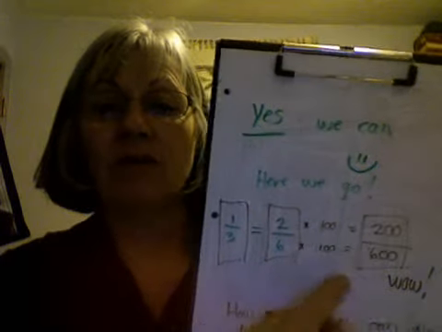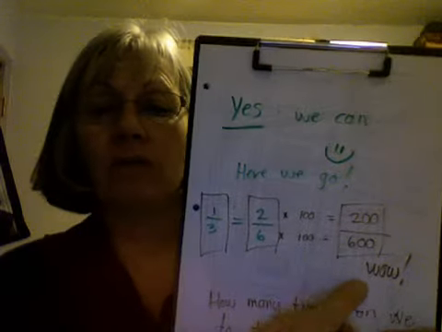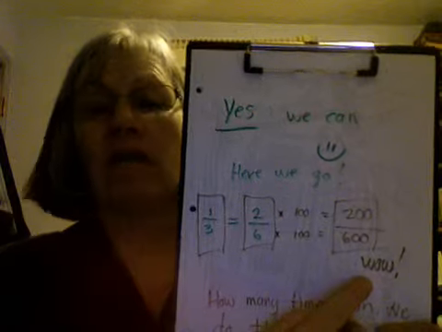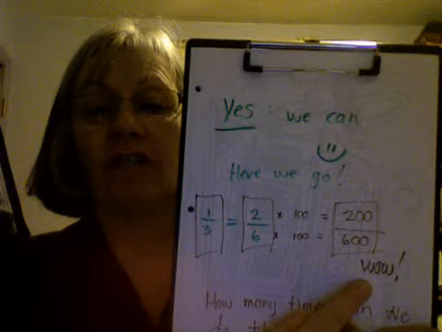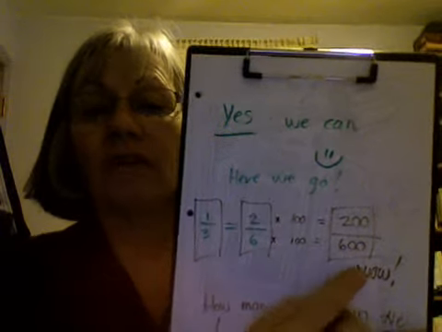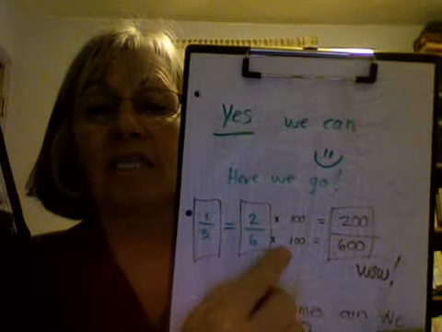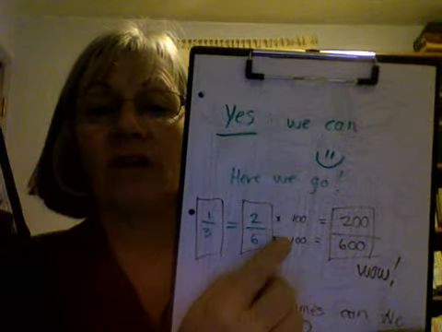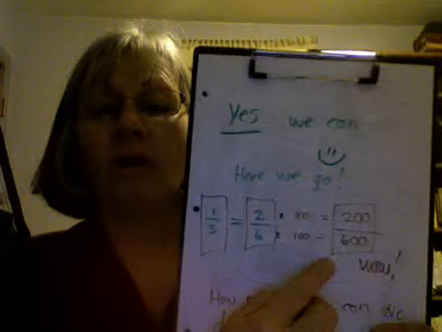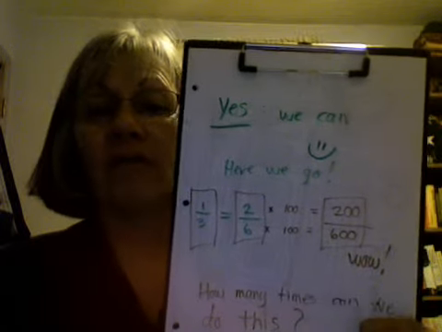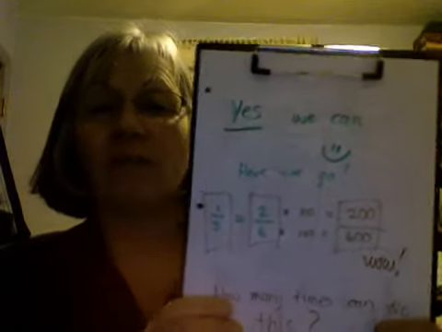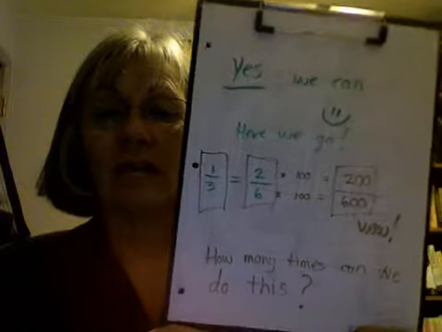Wow, those numbers are way too big to do with models in any kind of a simple fashion. So you just need to know that as long as you multiply the same thing on the numerator and denominator, you will always come out with an equivalent fraction if you've done the multiplication correctly.